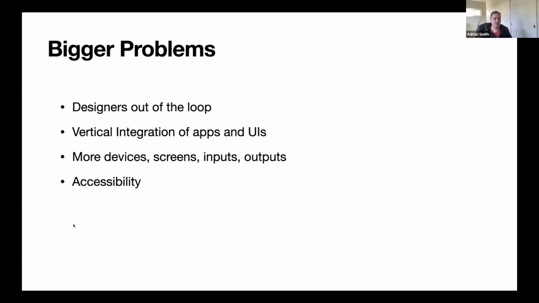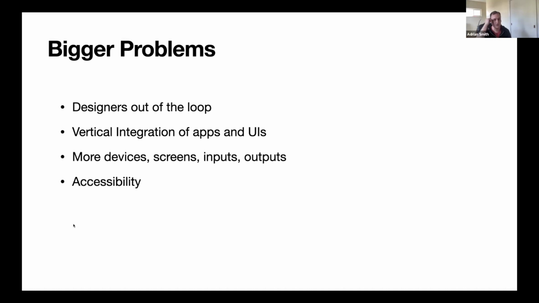And if there are problems with how it looks or feels, the designer is completely powerless to fix it. They've got to hope that the programmer did everything right and implemented it well. I think this is a huge problem. I think designers should have direct control over their output. And I think that's possible. I don't think there's anything special about UI programming where we can't give that control back to designers.